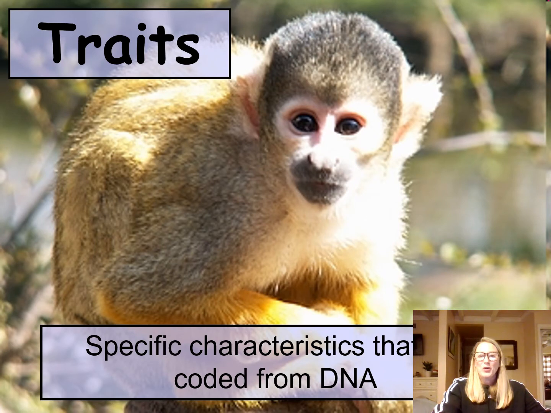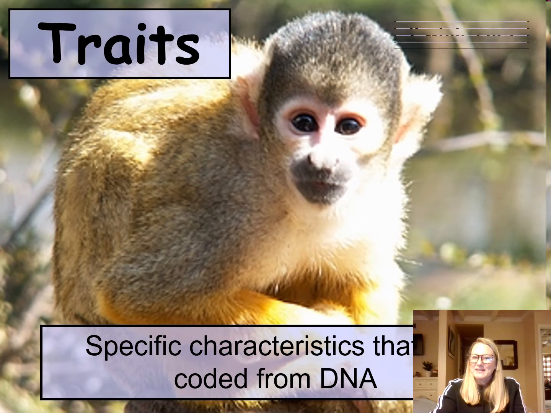A word that you're going to be hearing a lot about is the word trait. We're going to hear it over and over in this genetics unit. A trait is a characteristic that the organism possesses, and we now know that traits are coded for by sections of DNA that we call genes. And so you have sequences of DNA that will code for the traits that you express.